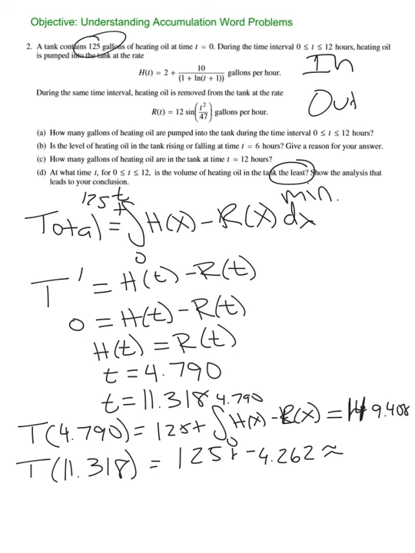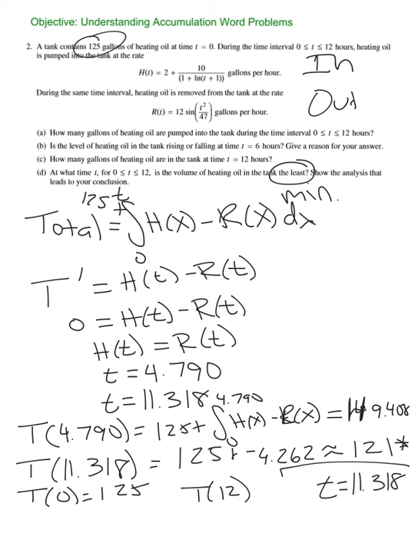So it's around 121. T of 0 is 125. So far this is the least. And then you really got to check T of 12. And T of 12 ends up being bigger than that. So let's see, what's the question? At what time? So T equals 11.318 is your answer, right? But make sure you show the math to make it clear that you know you're supposed to check.